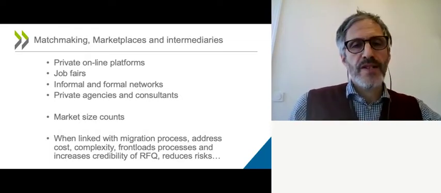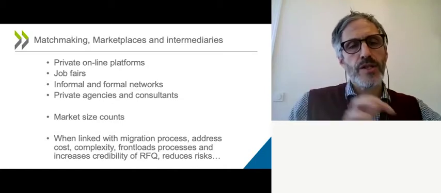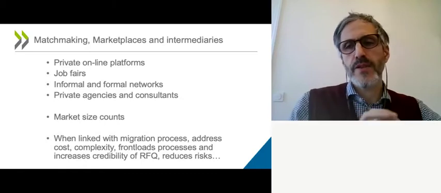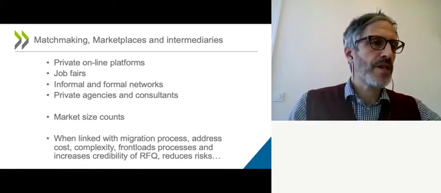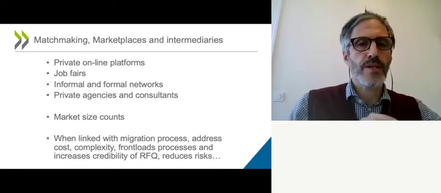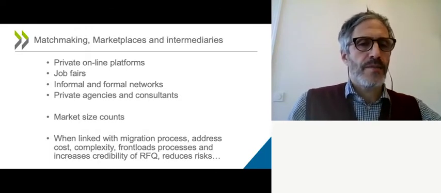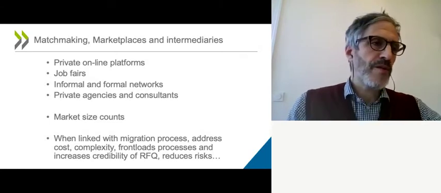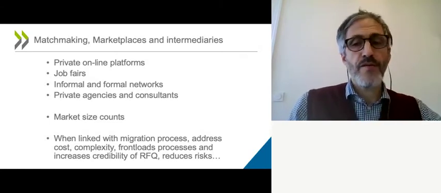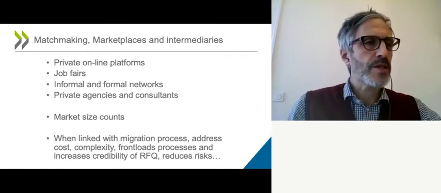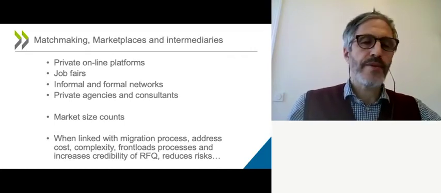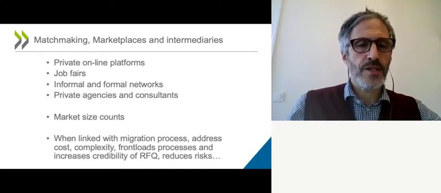Job fairs are often a specific response to skill needs, where countries go abroad and organize recruitment fairs for the employers from their country. Sometimes they're sector-based, sometimes they are region-based, but it's an opportunity to overcome some of these barriers. The use of informal and formal networks, informal more for less skilled, but also for higher skilled, diaspora networks and universities, collaboration with headhunters and private agencies.